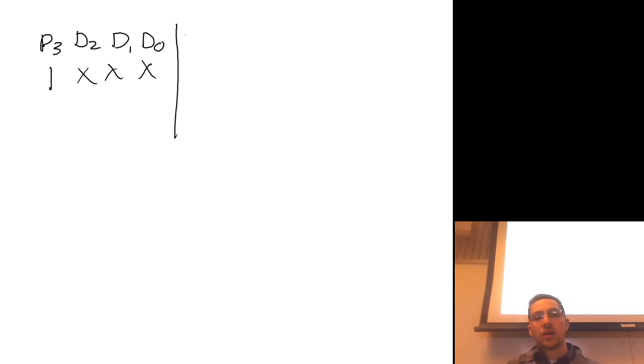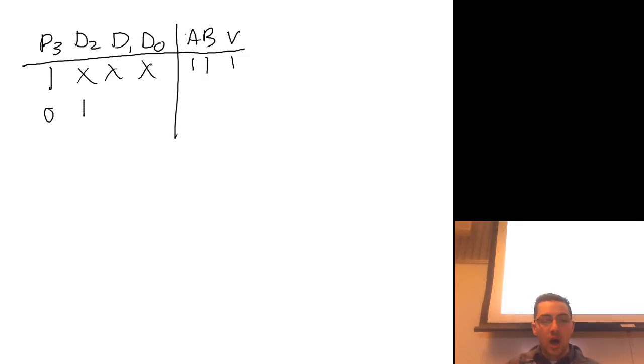If D3 is 1, it doesn't matter what the rest of these guys are. Our output will be 3, with our valid bit being valid. If D3 is 0 and D2 is 1, doesn't matter what D1 and D0 are, we'll see a 2, and that's also valid.